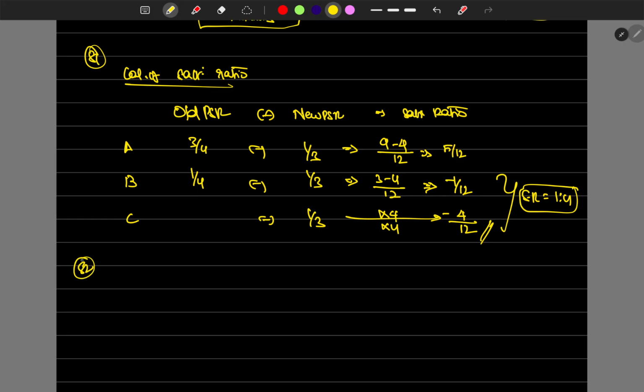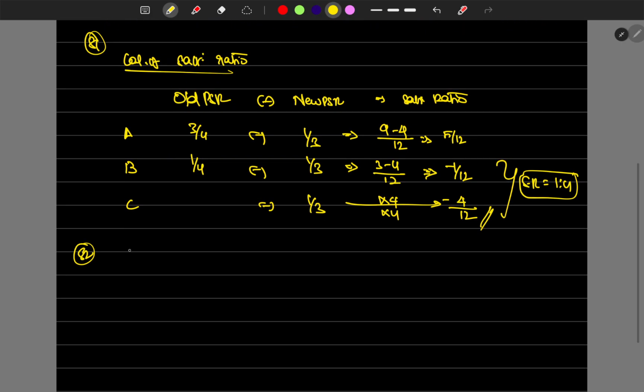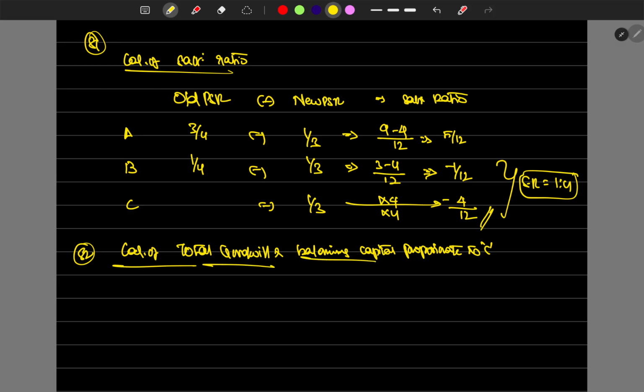Next step. Let's go to the next step, which is calculation of total goodwill and balancing capitals of everything, balancing capital proportionate to C. C's share of goodwill is 2000, and his share is 1 by 3.